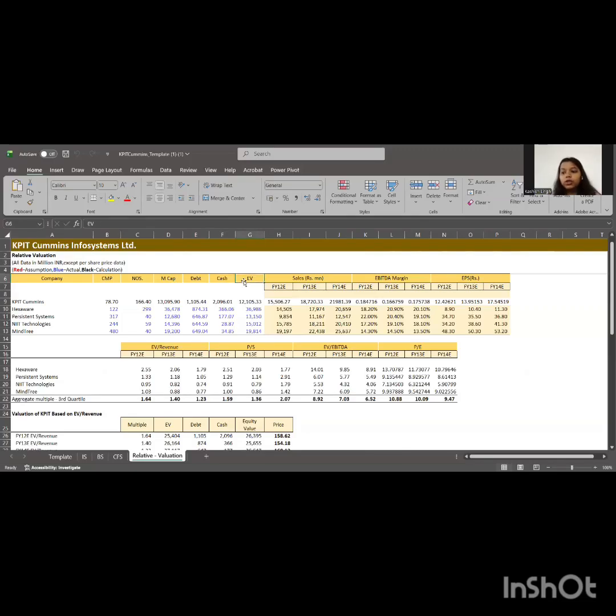Now comes one of the most critical metrics, enterprise value, often abbreviated as EV. The formula for EV is market cap plus total debt minus cash. Enterprise value gives us the total value of the firm as if an investor were buying the entire company, both its equity and its debt, while accounting for cash on hand.